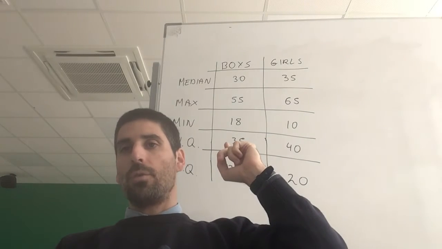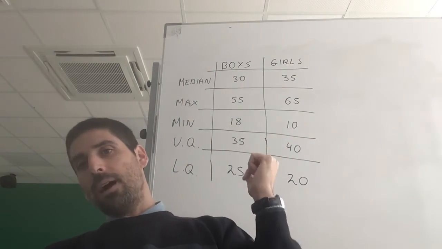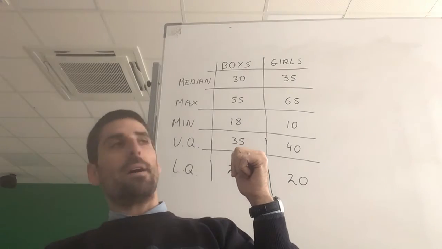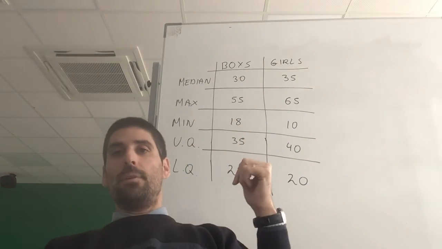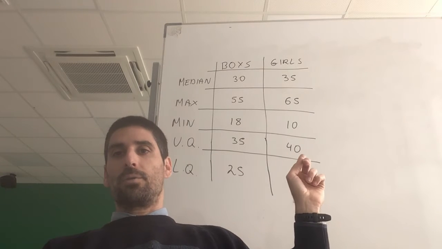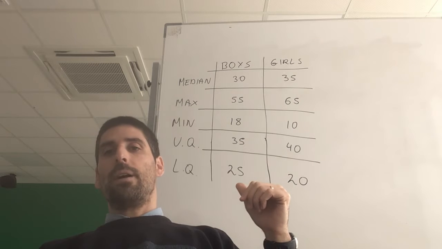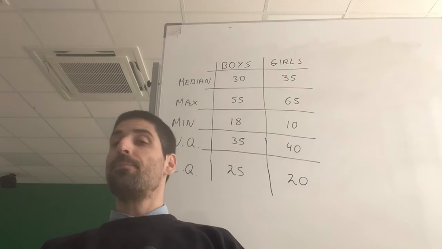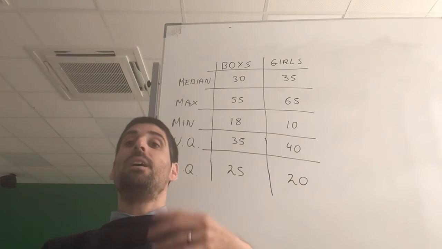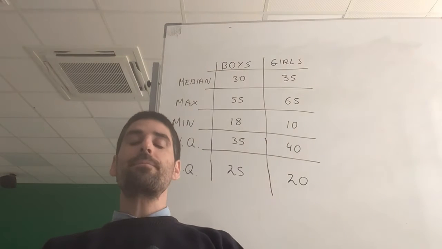The minimum score for the boys was 18, for the girls 10. The upper quartile for the boys was 35, and for the girls 40. Lower quartile for the boys was 25, for the girls 20. If they're nice in the question, they'll give you the data. If they're not very nice, you may have to calculate it beforehand, okay?